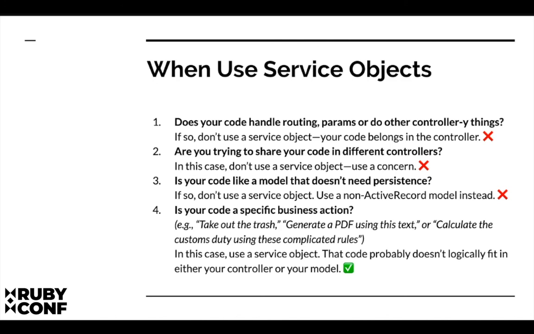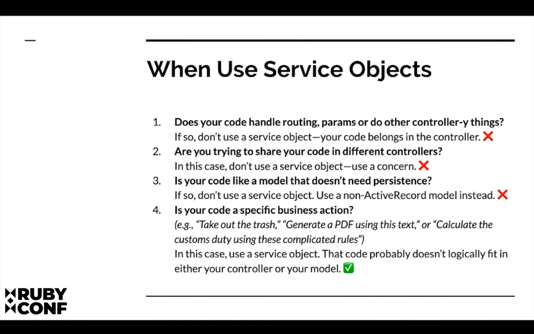That was something we used service objects for extensively. And in this case, use the service object by all means. That code did not fit in models, views, or controllers, and it made no logical sense for it to go anywhere else. And that's where you should use service objects.